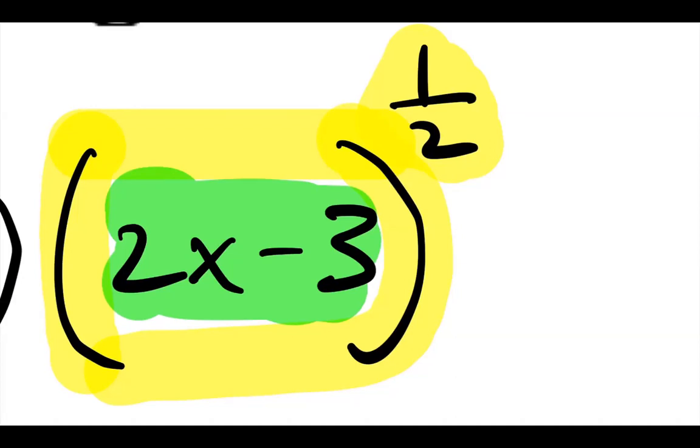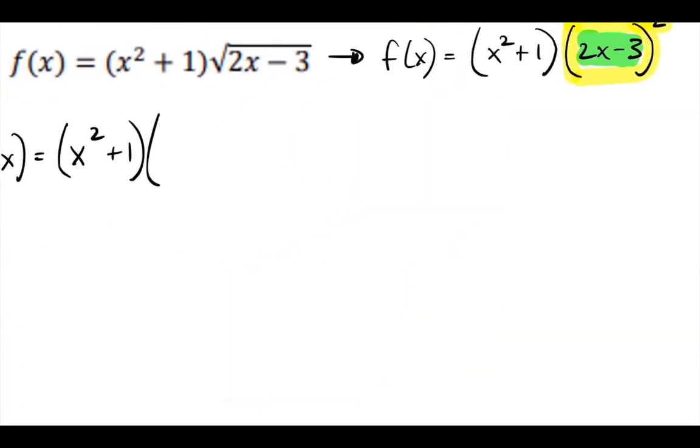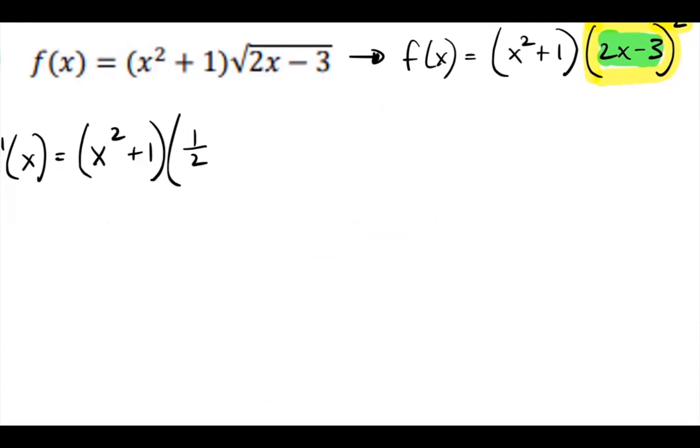Okay, so the first thing we're going to do is find the derivative of the outside. So how do I find the derivative of the yellow? There you go. Move 1/2 to the front. Leave the inside the way it was.